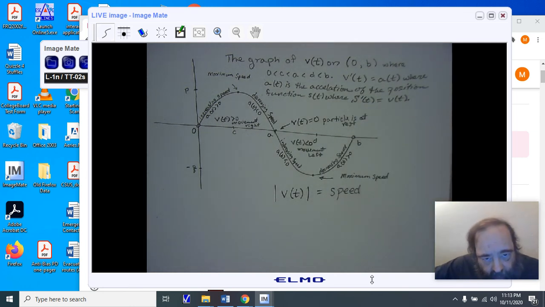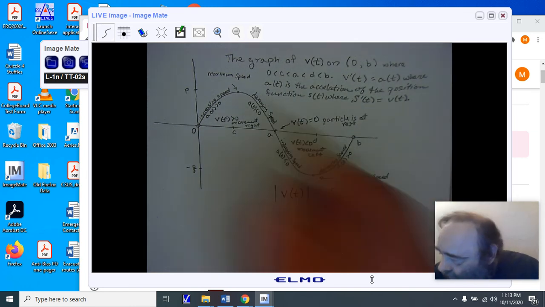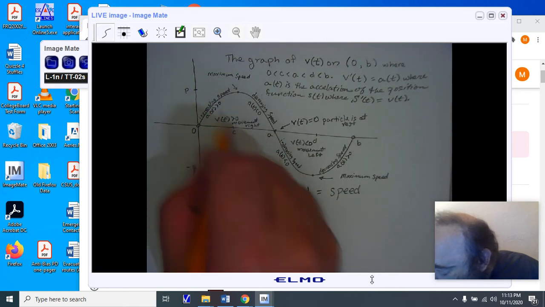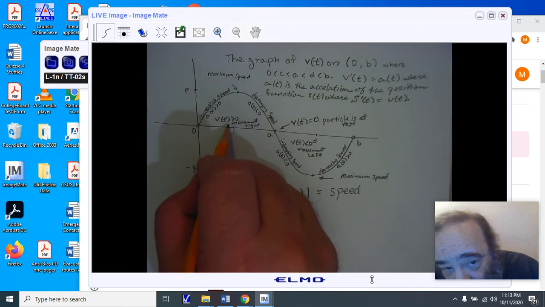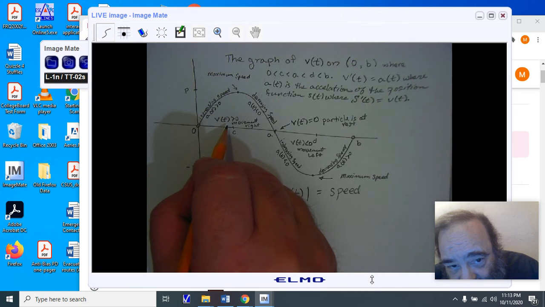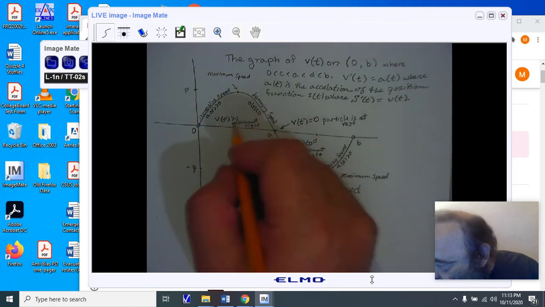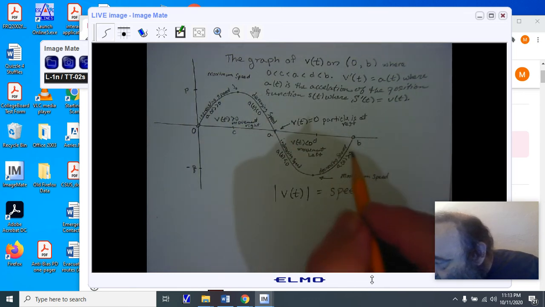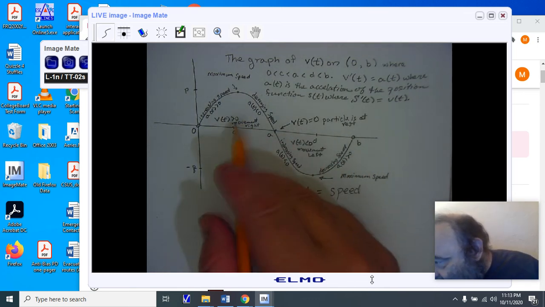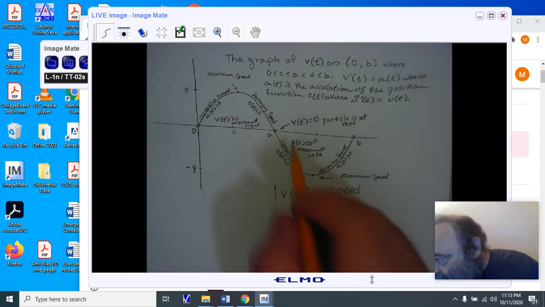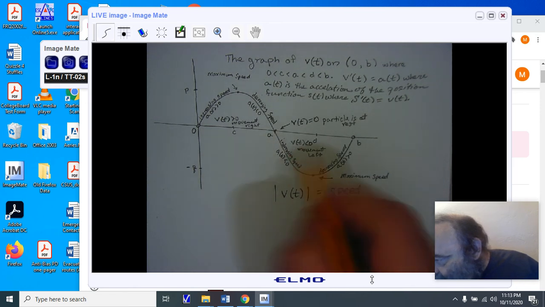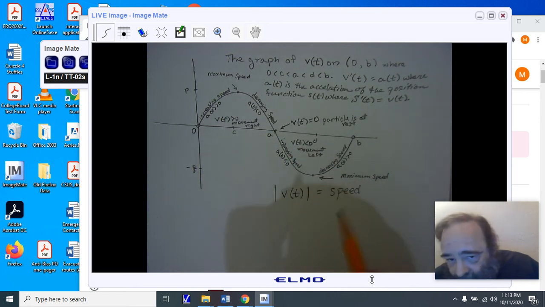So be aware that what we're looking at is the same signs for velocity and acceleration when speed is increasing. And we have opposite signs for acceleration and velocity when the speed is decreasing. That happens here again, and it happens here again.